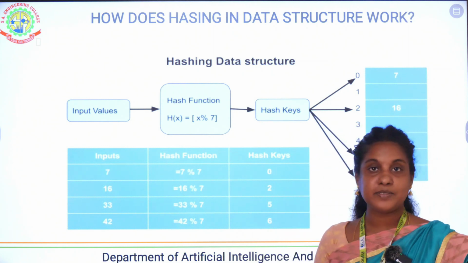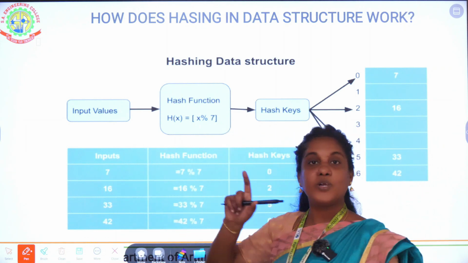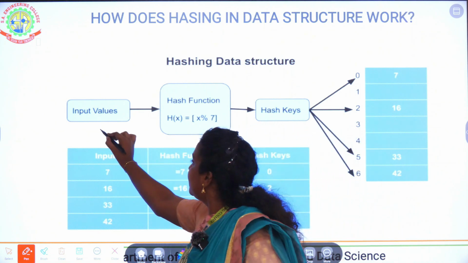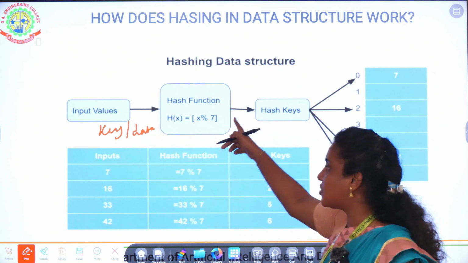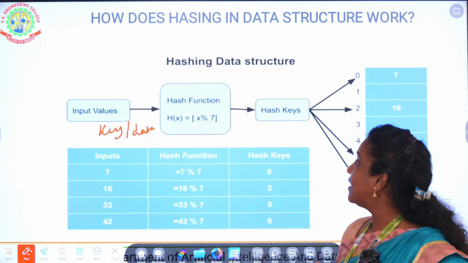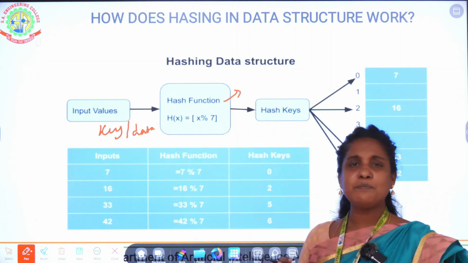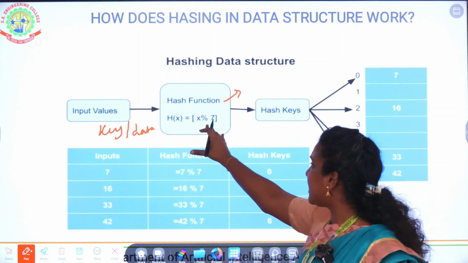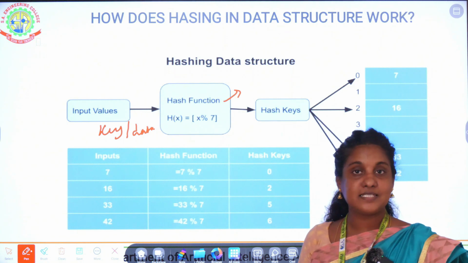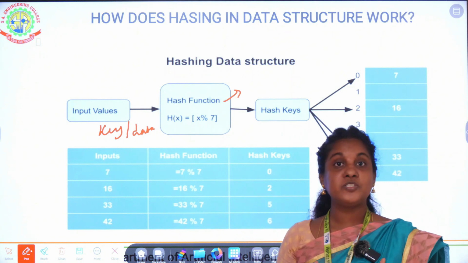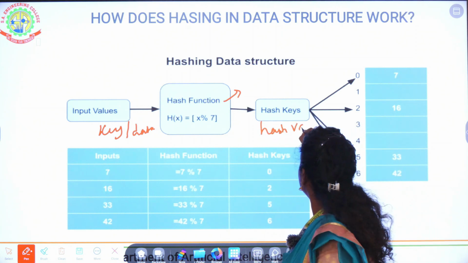Here the input is nothing but my actual data, which I am going to store in the hash table. The hash function is some mathematical formula which helps you to compute the index value, or I can say the unique hash value.